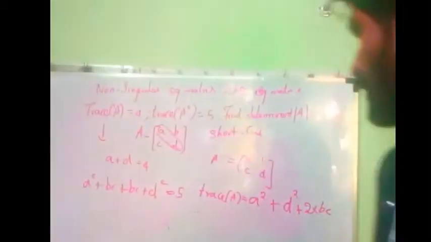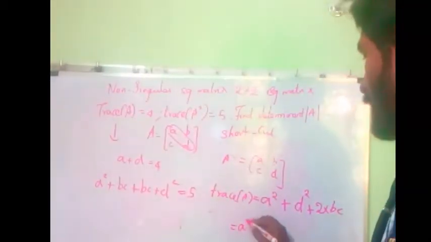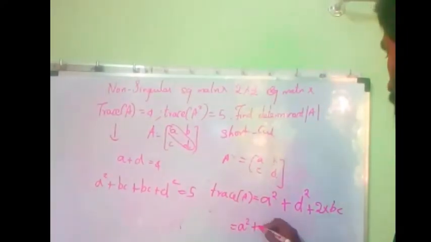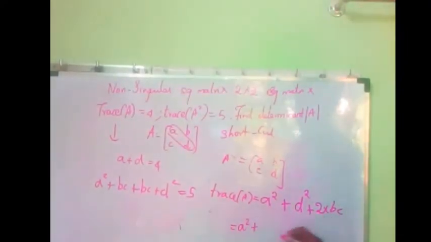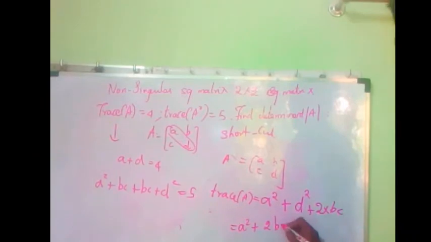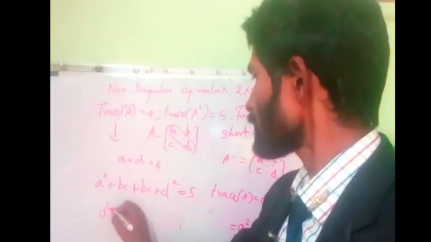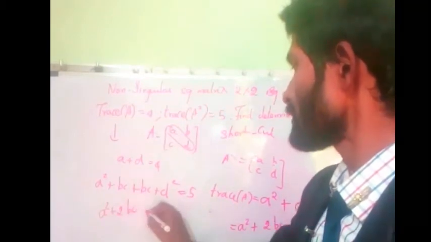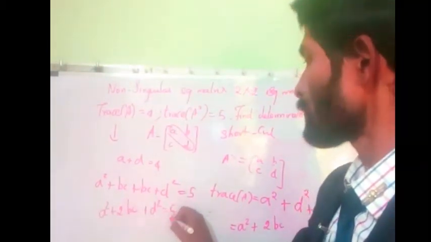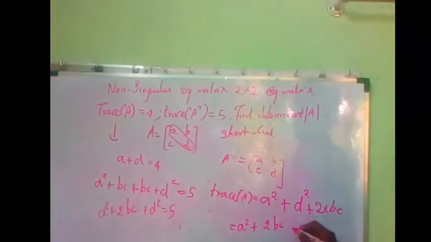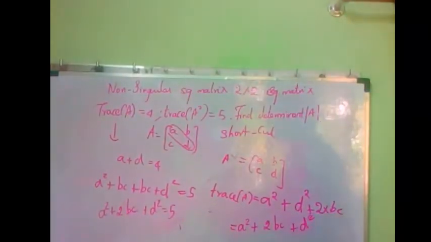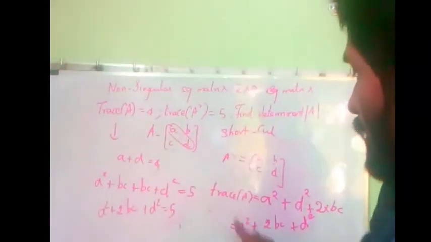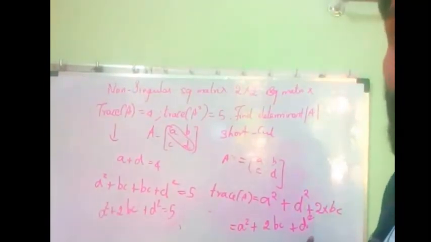That's equal to a squared plus 2bc, plus d squared, which is equal to 5. So directly the trace of A squared you get this answer. This is a simple shortcut way.